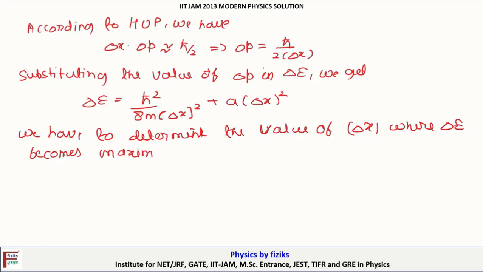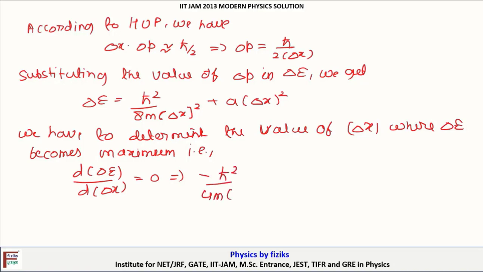That is, dΔE/dΔx must be equal to 0, which implies −ħ²/(4m Δx³) + 2aΔx = 0, which implies Δx² = ħ/(2√(2ma)).